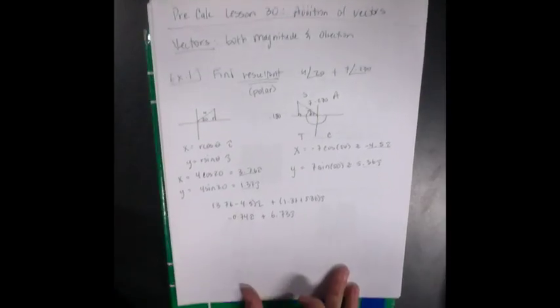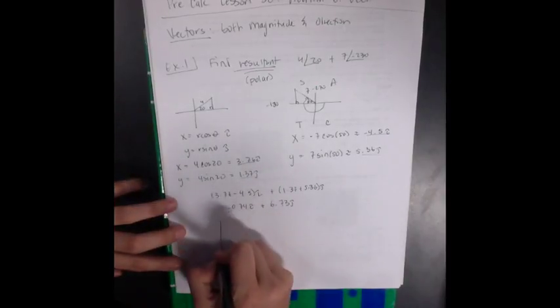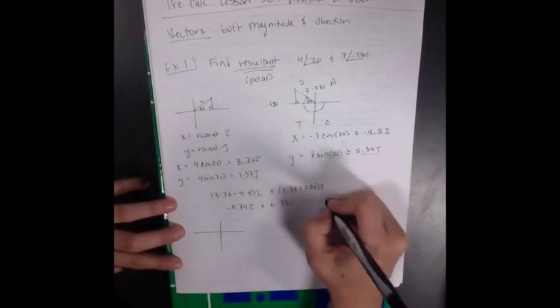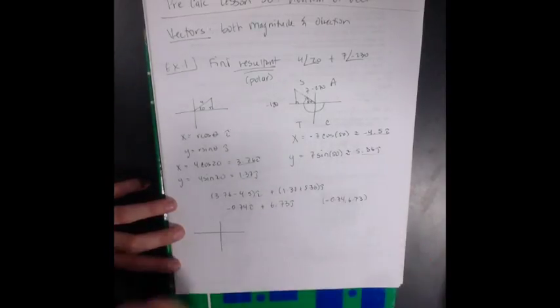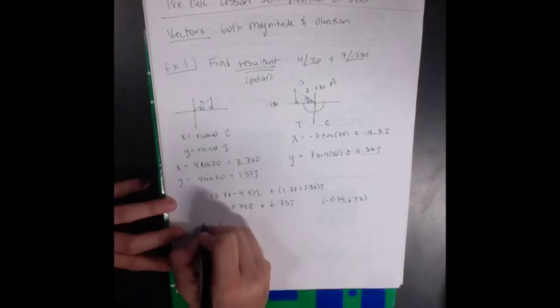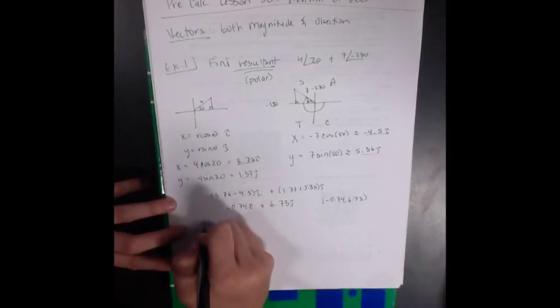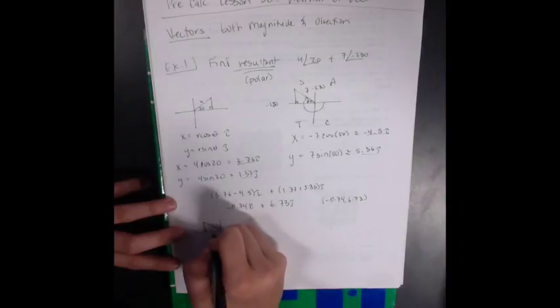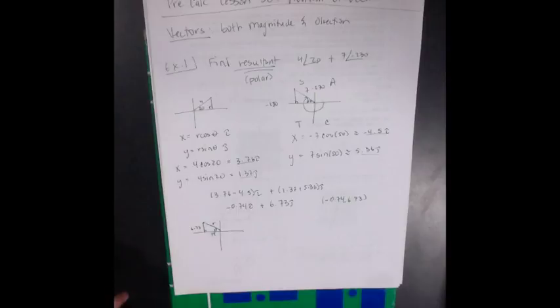Now, I have to convert this back into polar. You can think of it as a coordinate point, negative 0.74, 6.73. I have negative x here, positive y. Gives me this point. If I draw my graph, this is 0.74, this is 6.73, r and theta.